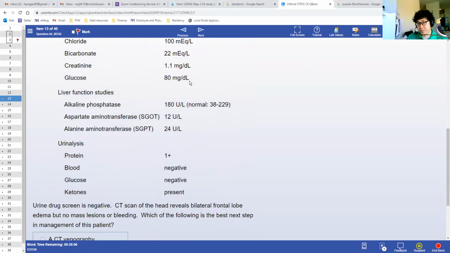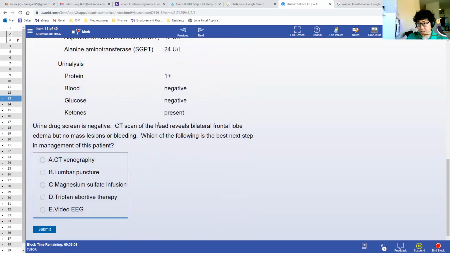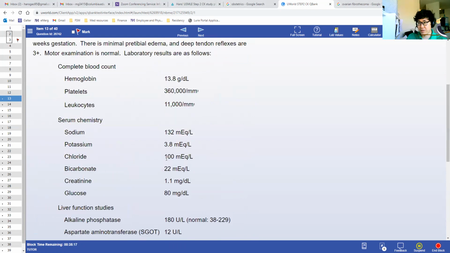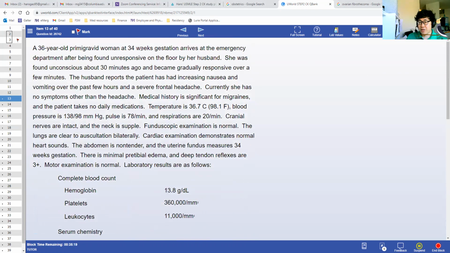Next question. Which is the following next best step in management of this patient? Oh boy, we have a lot of labs, so lots of workup stuff. I'm guessing she has a headache. 34 weeks gestation, emergency department, found unresponsive. Unconscious about 30 minutes ago, gradually became responsive again, nausea, vomiting, severe headache, no symptoms other than the headache.